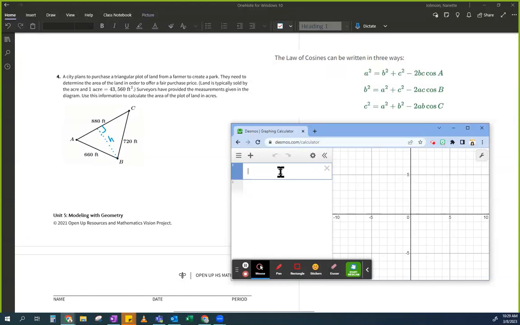And I'm going to go with a squared. Do you remember which side is a? Hopefully you remember that a is across from A. Big A likes to look at little a.